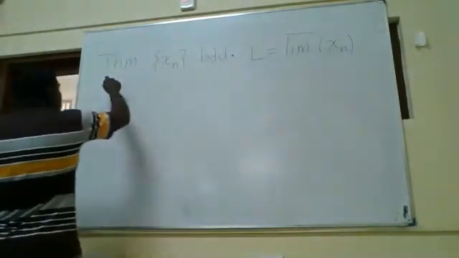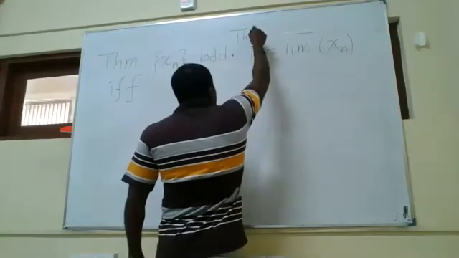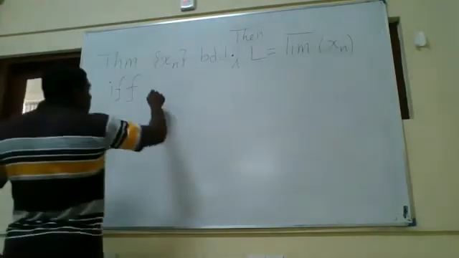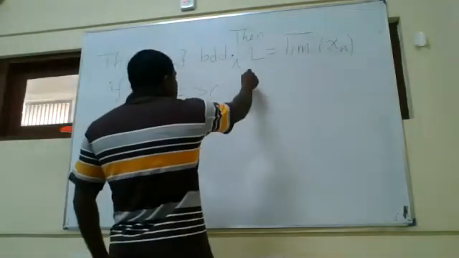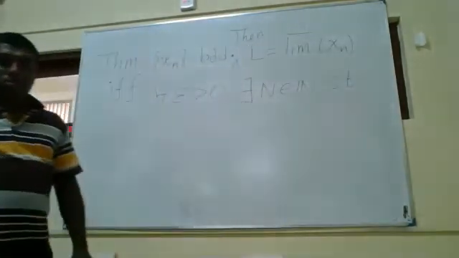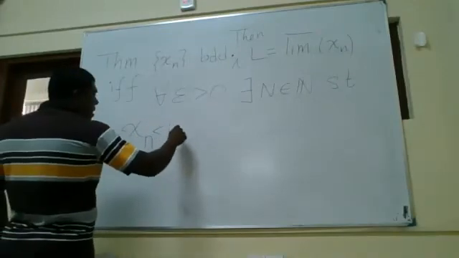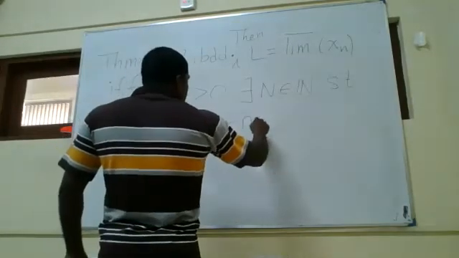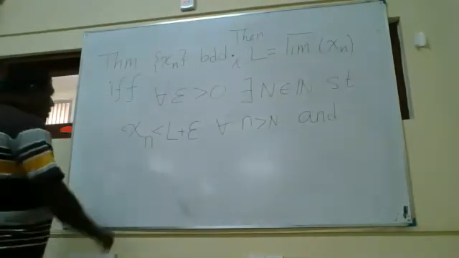This is true if and only if, for every epsilon positive, there exists a natural number N such that xn is less than L plus epsilon for all n greater than N, and the other inequality, xn greater than L minus epsilon, holds for infinitely many n.